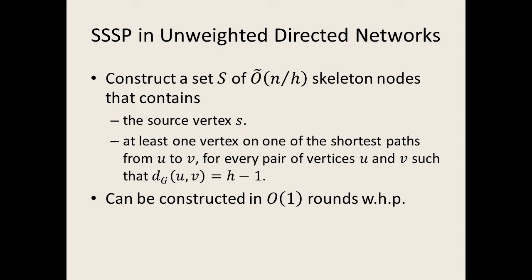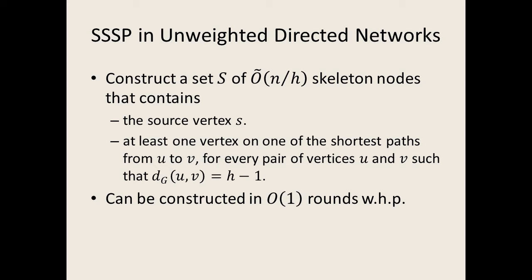The approach is pretty simple and follows the same framework that was used in the previous works. Instead of running a BFS from one node, which may take too many rounds, we select a set of sources and explore the graph in parallel from all of them.